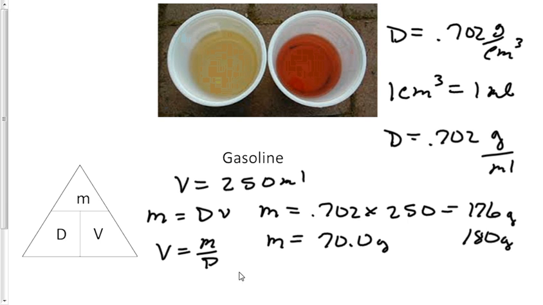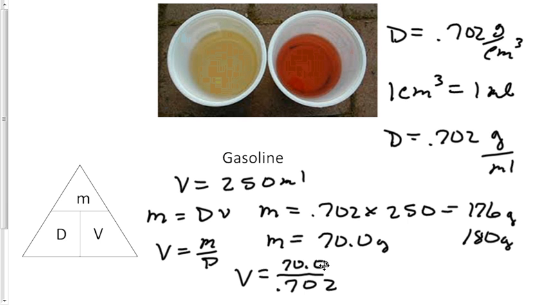So let me plug that in. Volume is then going to equal 70.0, and I'm going to divide that by the density, 0.702. Now remember, this is grams per milliliter. So I can then get an answer in milliliters, or I could write my answer in centimeters.